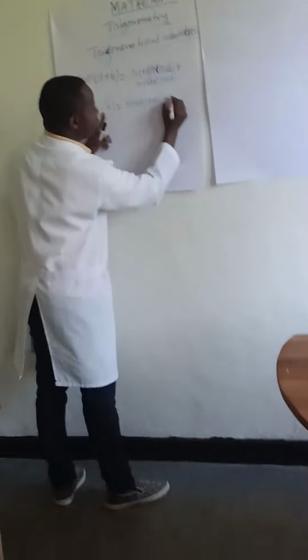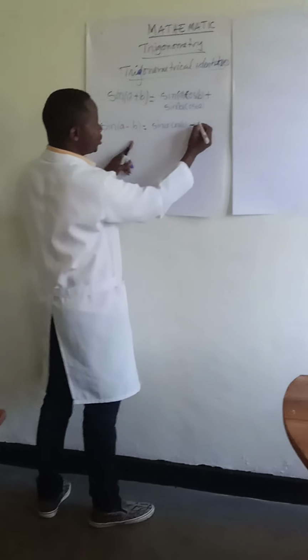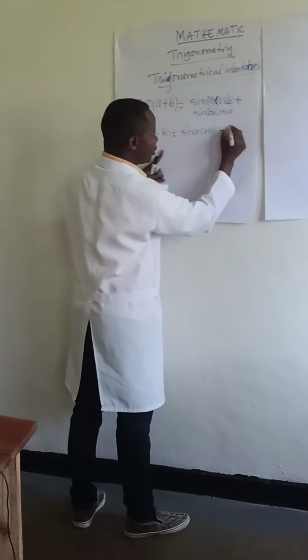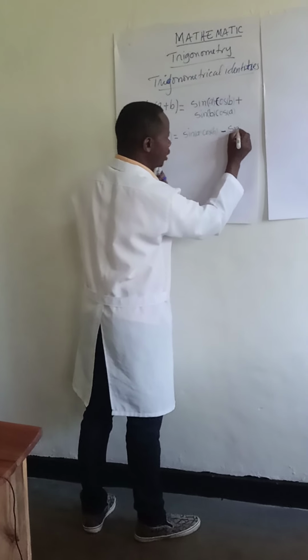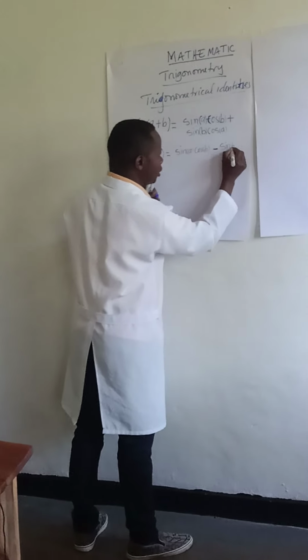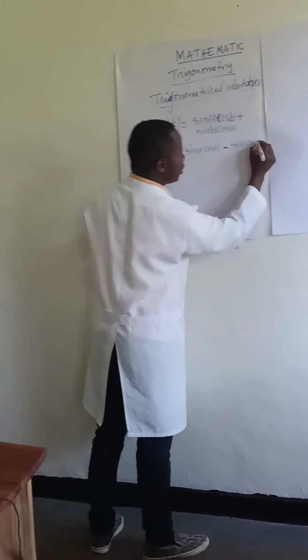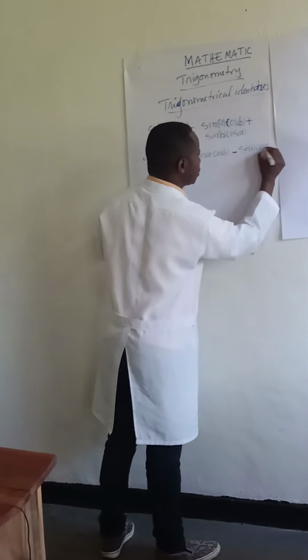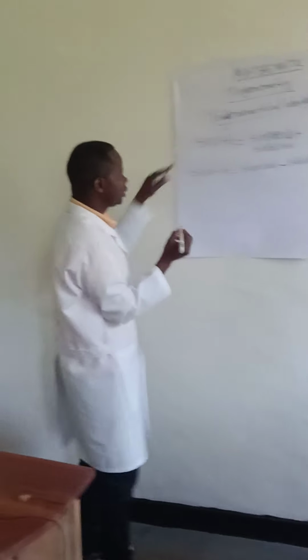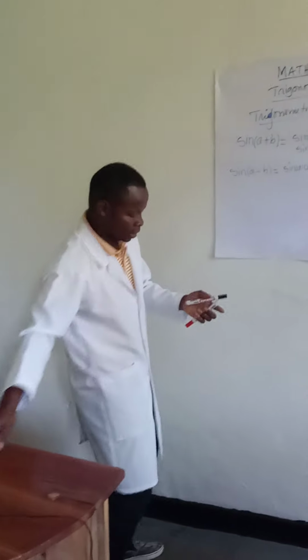Remember, we have the difference of the angles, so it is negative sine of the second angle, which is the angle B, times cosine of angle A. So this is about the sine of the angle.